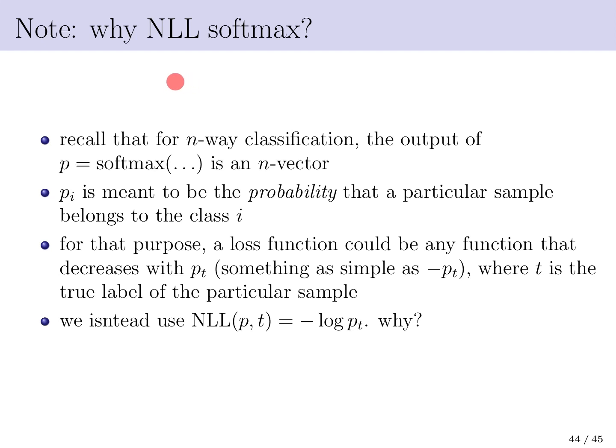So remember that for n-way classification problems, the output of the softmax layer is an n-element vector, and each component, specifically pi, is meant to be the probability that the model thinks a particular sample belongs to that class i.